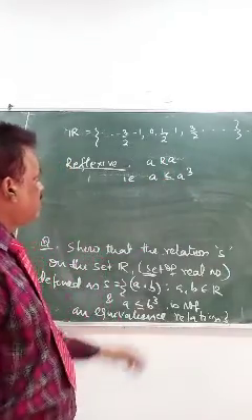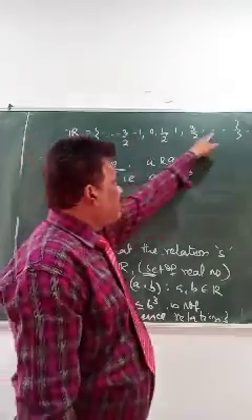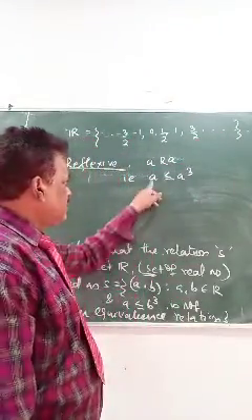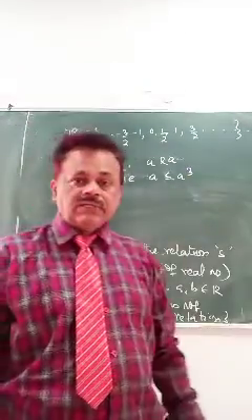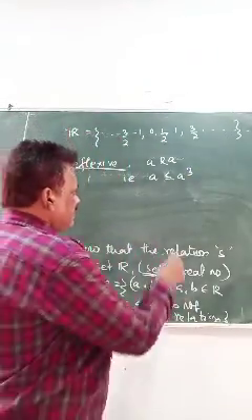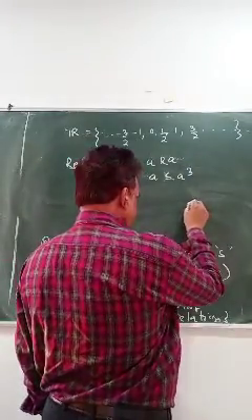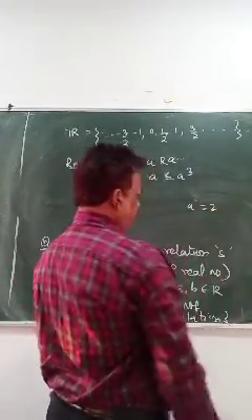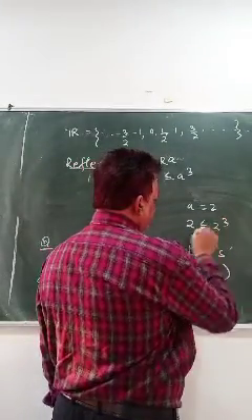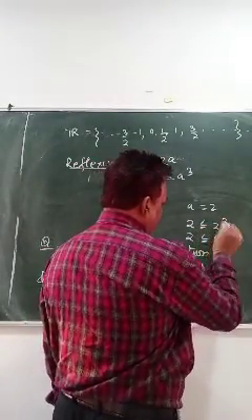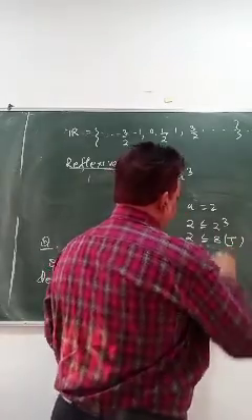Now, if one of the elements I take here doesn't satisfy this relation, then you will call it not reflexive. For example, suppose I take A equal to 2. Then 2 is less than or equal to 2 cube, 2 is less than or equal to 8. So true.